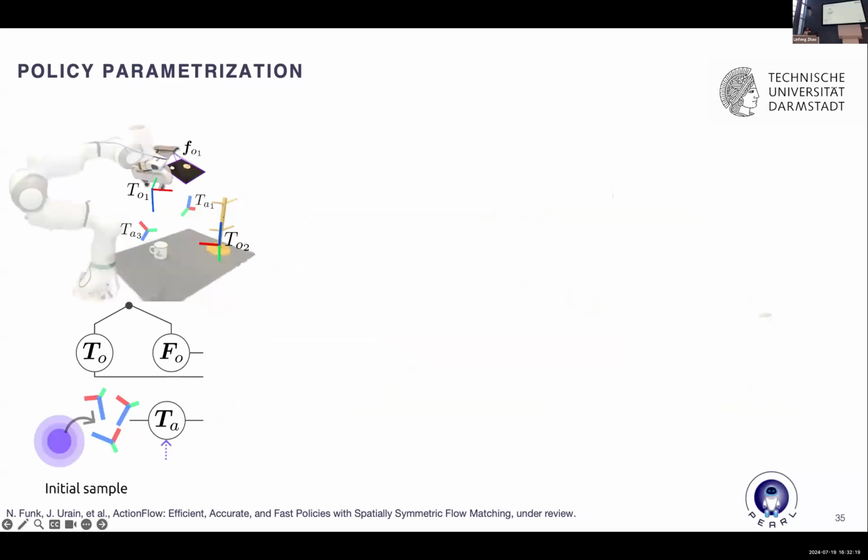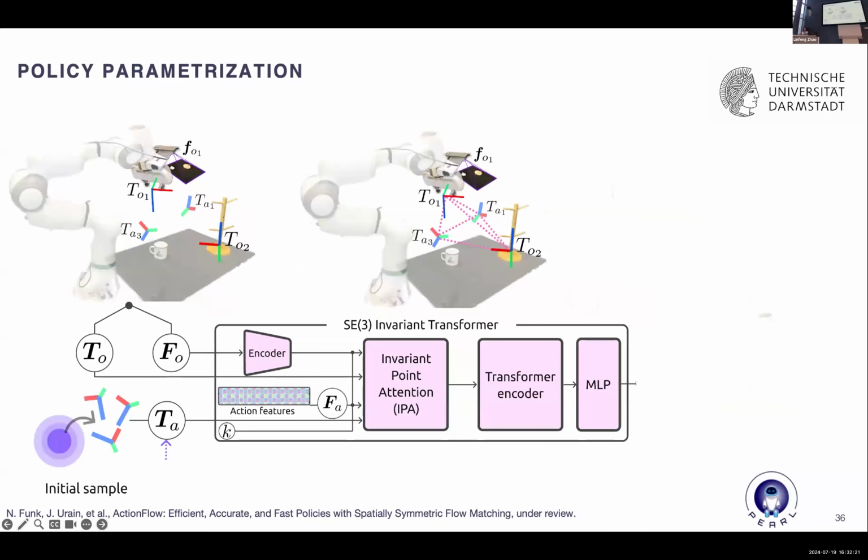The policy parameterization, as I said, has these local pose representations, and now we design a model that is SE(3) invariant. We call this the SE(3) invariant transformer, and it uses the invariant point attention layers introduced in AlphaFold 2. I will briefly explain how this works, how this changes the self-attention of the normal transformer.